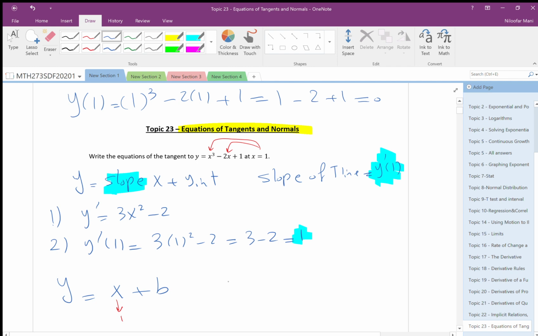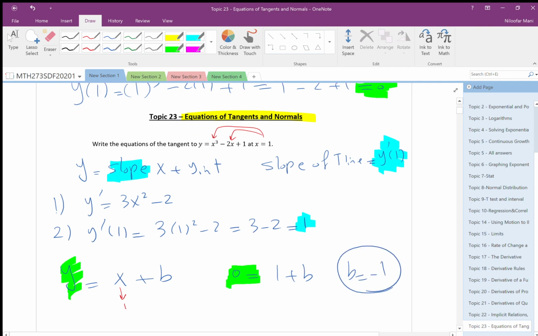Okay, so 0 is y, so I put it here. 0 equal what is x? 1. 0 equal 1 plus b. What is b now? b is minus 1. Okay, so I'm done.